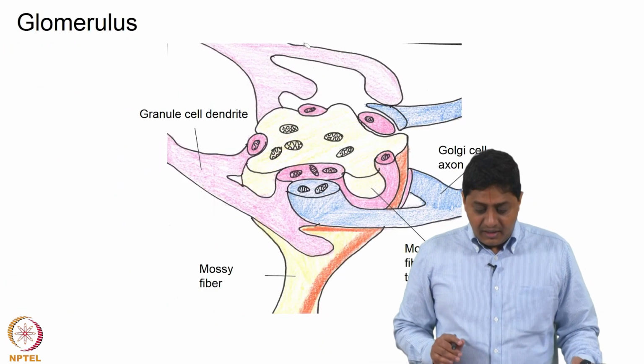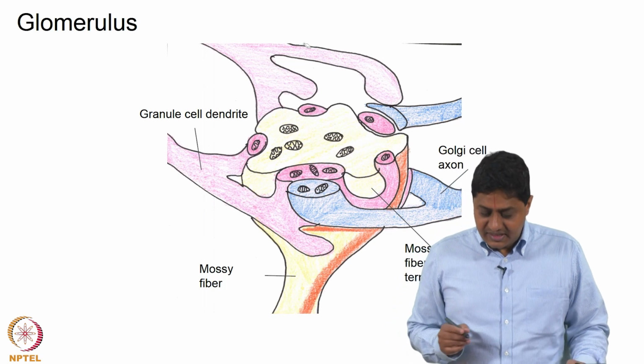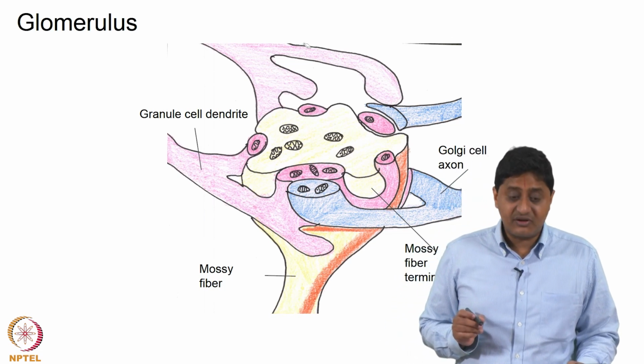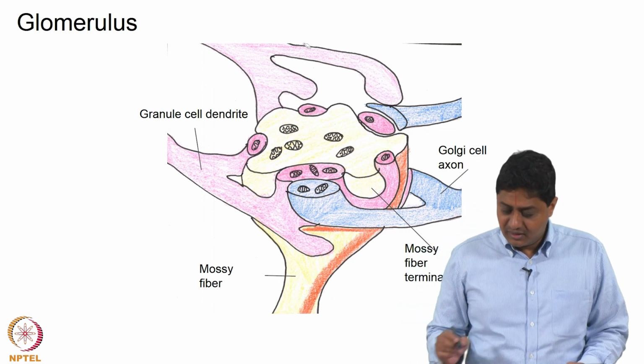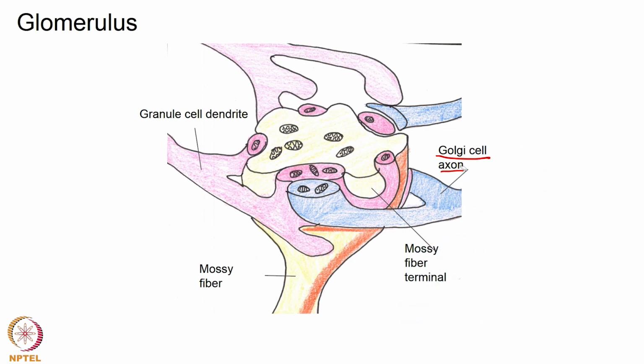Okay. And an important concept is the concept of glomerulus. So, we said that there are Golgi cells, granule cells, and mossy fibers. The bulbous axon of the mossy fiber makes connections with the dendrites of the granule cells.